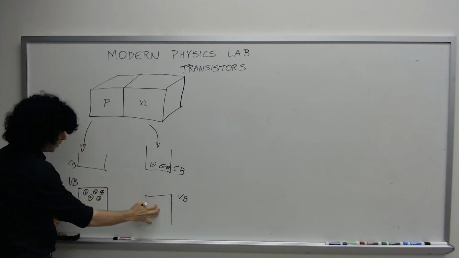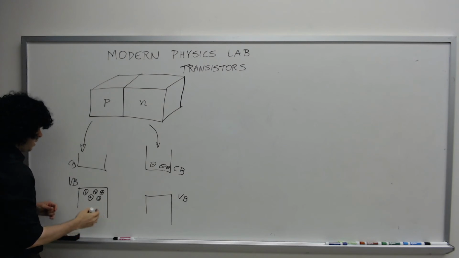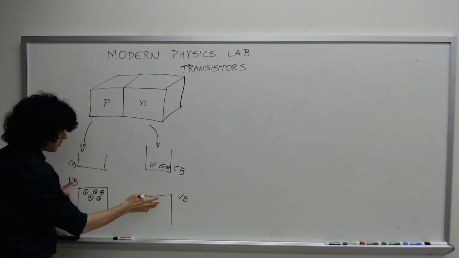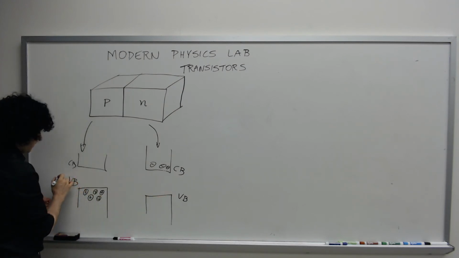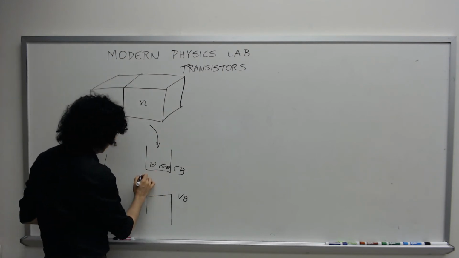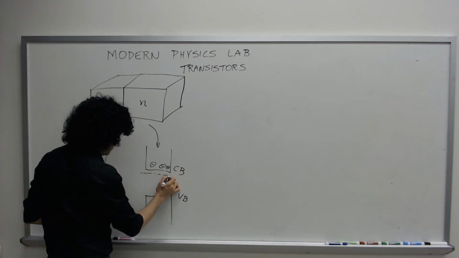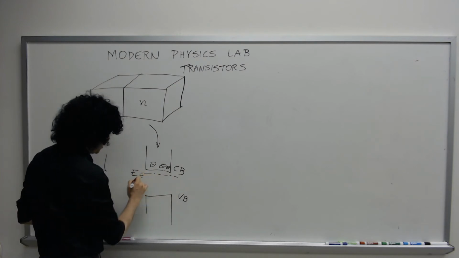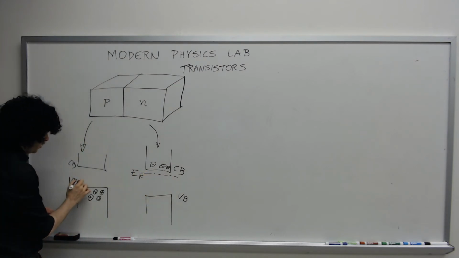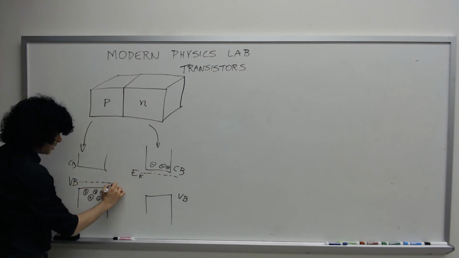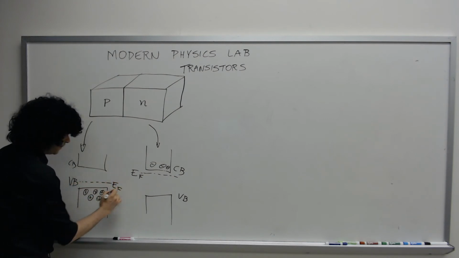Of course, it has electrons here, but I'm not interested in them. For simplicity, I will not draw them here. And the Fermi level for the n-doped is closer to the conduction band, and for the p-doped, is close to the valence band.